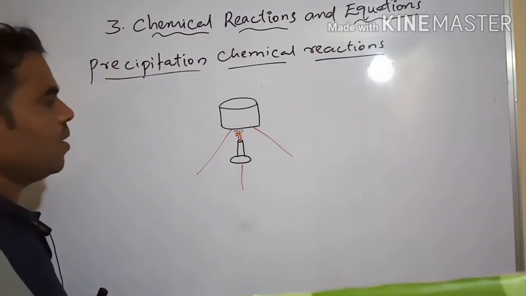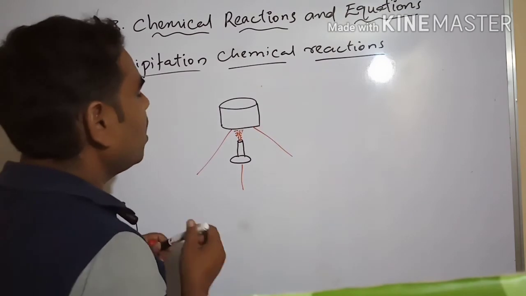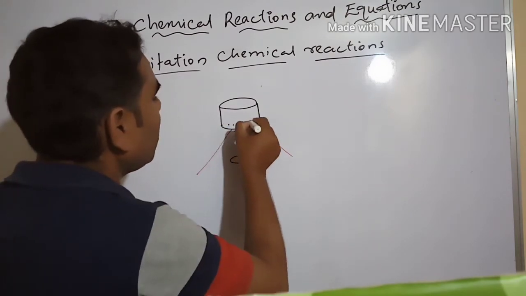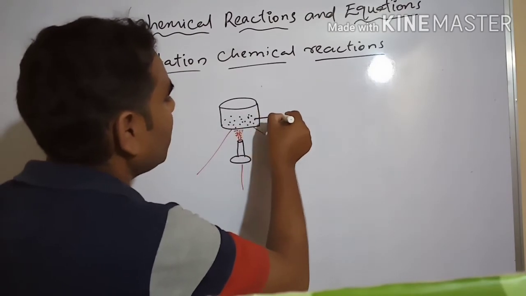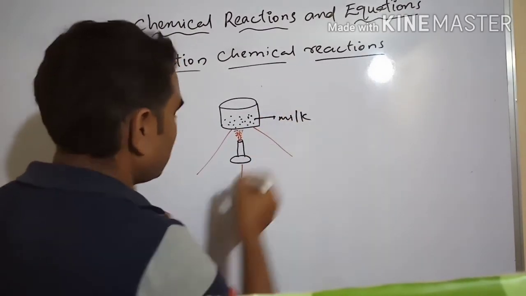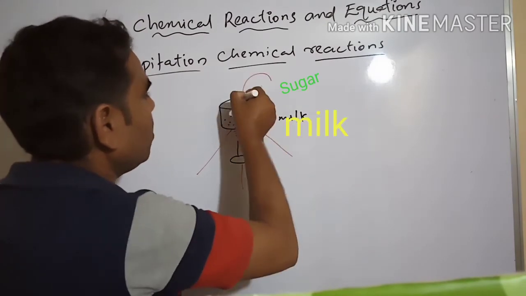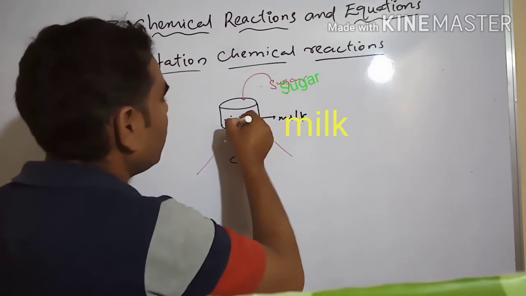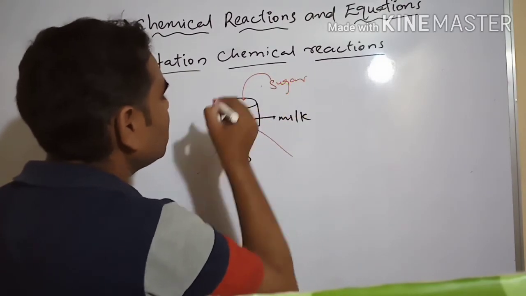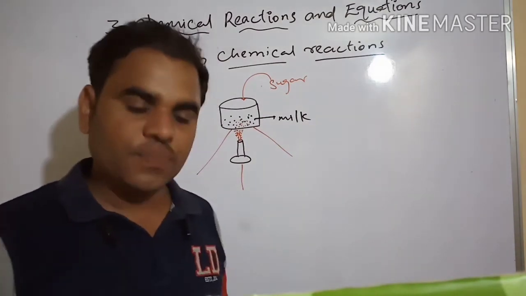Here is the milk, and you are pouring the sugar. What will happen? The sugar settles down at the bottom of the bowl.